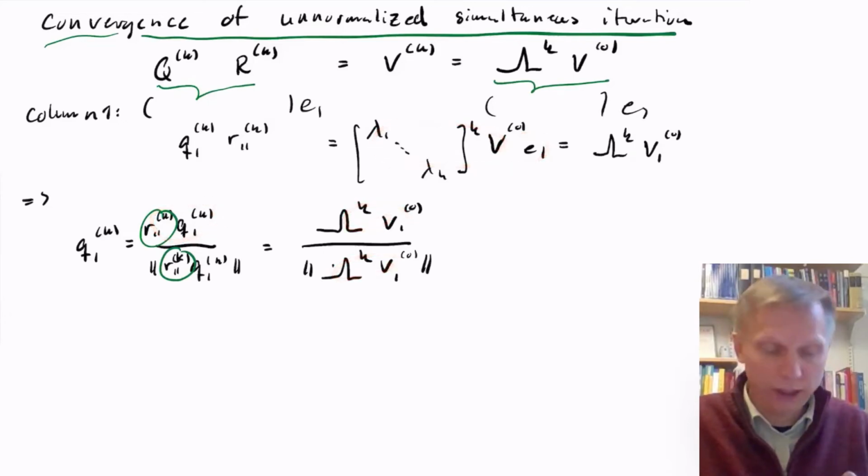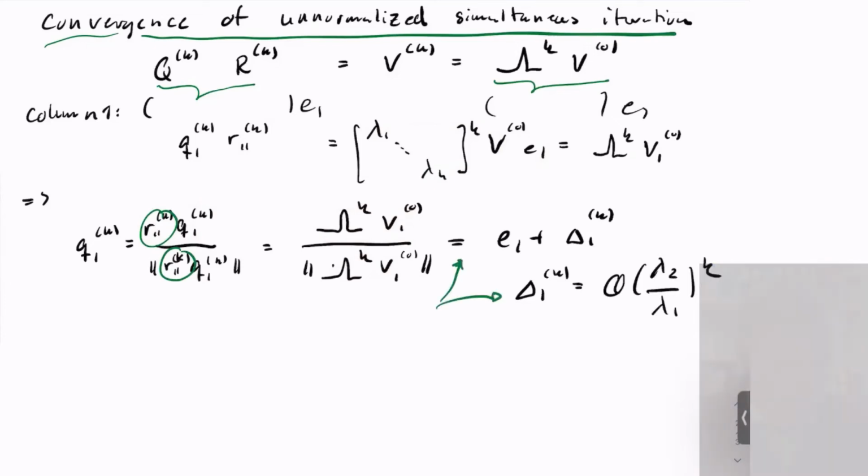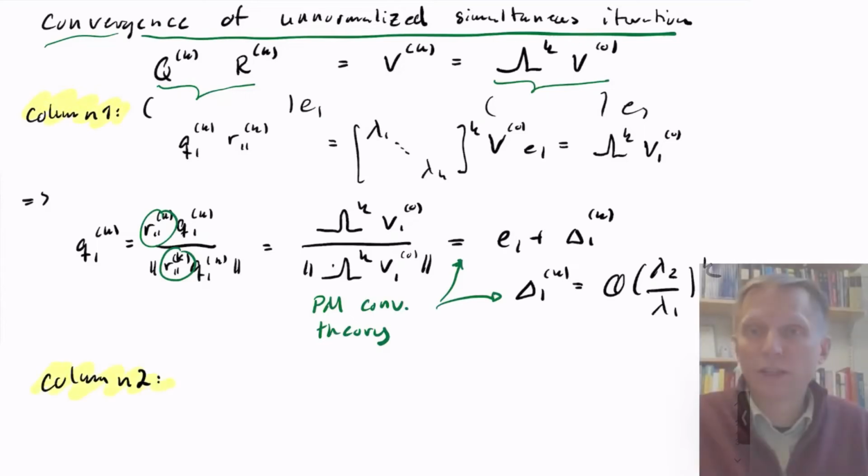We observe that this is exactly the power method applied to the lambda matrix started with this vector, so we know exactly what the convergence is from before. Okay, that was column 1.